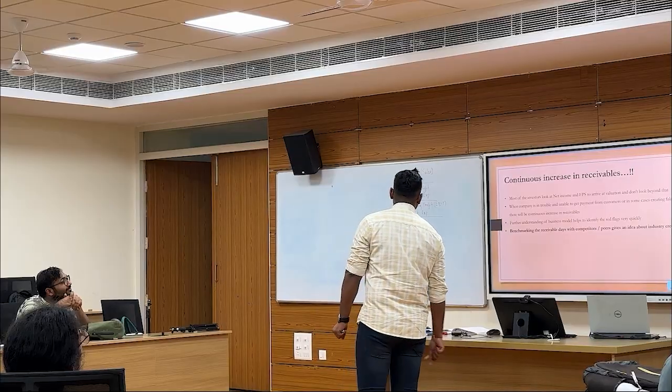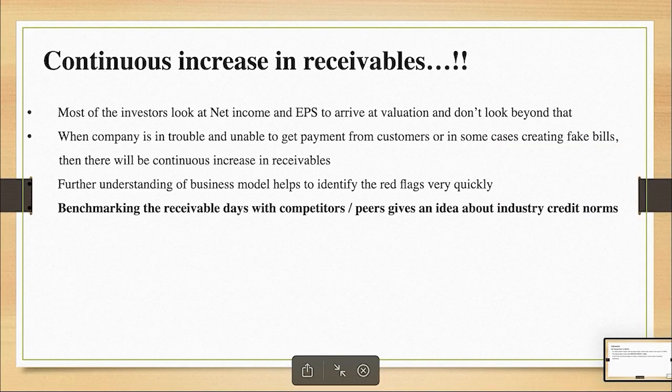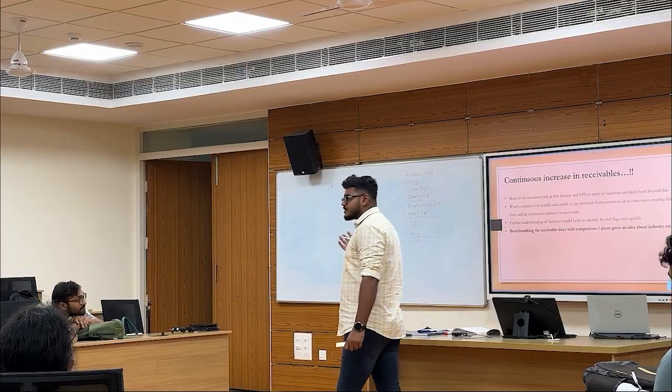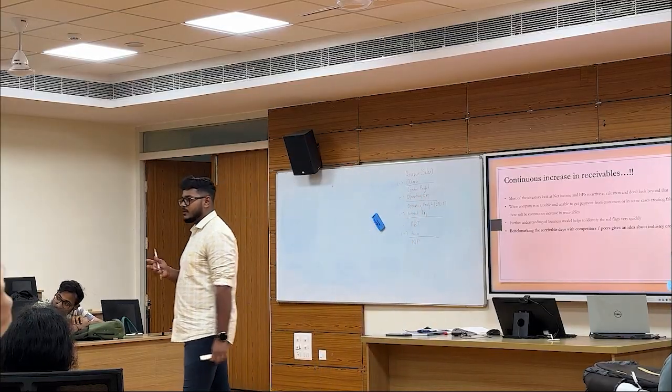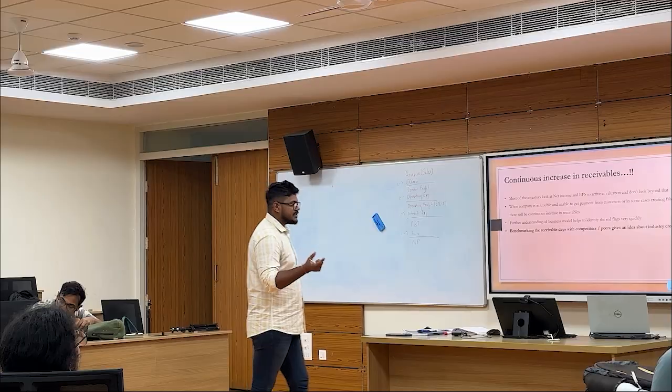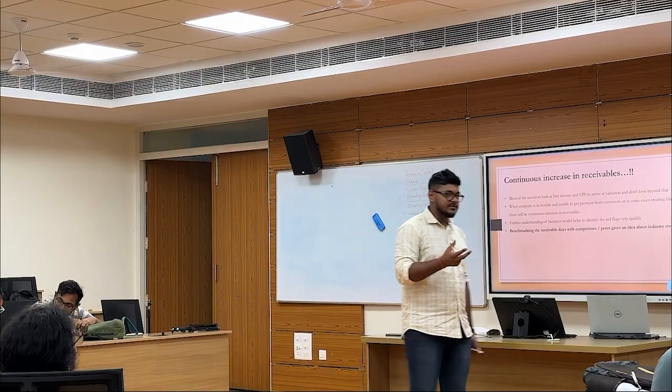Now going to the next ratio. I talked about receivables management. Companies can do earnings manipulation. Normally when we invest, we see the net income and the earnings per share of the companies. However, that is not the only thing we have to see when we value a company and take our investment decisions.